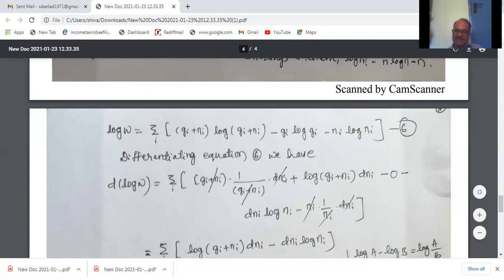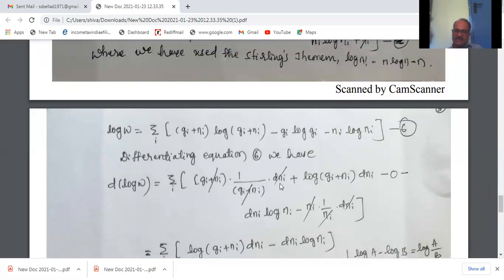Actually into dgi plus dni, but dgi is 0 as gi is constant, so only dni is written, plus log of (gi plus ni) into differentiation of (gi plus ni), which is dni, again the same thing. So it is actually dgi plus dni, but dgi is 0, so simply dni is written. Up to here, the differentiation of this term is over.